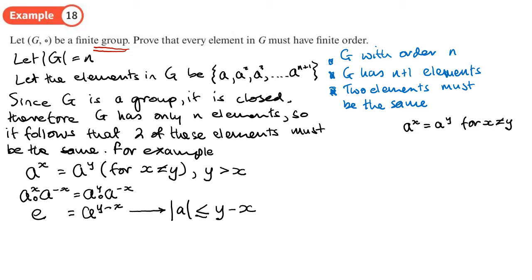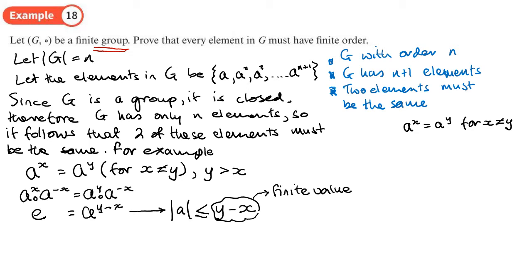Now what's this y minus x? Well, they're integers. It's a finite value, isn't it? So what does that tell us? Well, because we've proved this algebraically, any element in the group will have a finite order, because I can apply this process to any element. And also because we've said that y is greater than x, we're going to get a finite value.